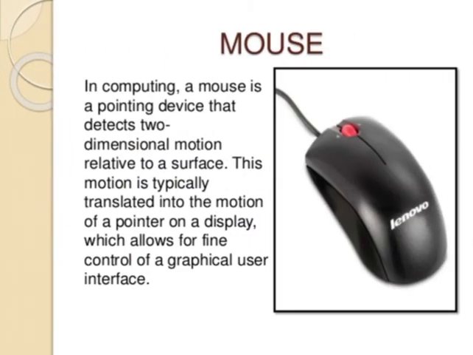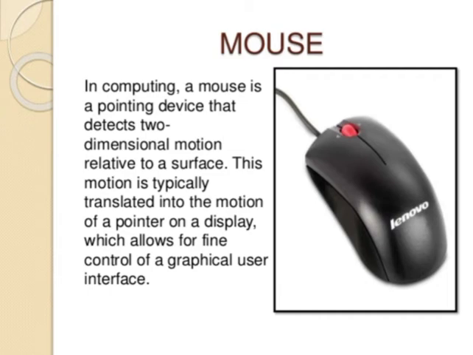Next is the mouse. In computing, a mouse is a pointing device that detects two-dimensional motion relative to a surface. This motion is typically translated into the motion of a pointer on a display, which allows for fine control of a graphical user interface.